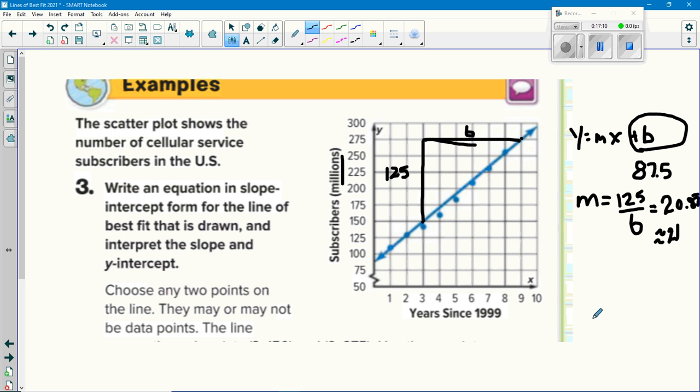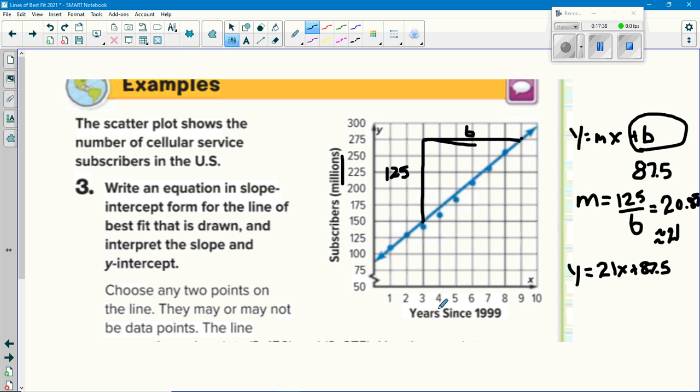Now, write your equation. So y equals, it changes by about 21 million people per year, so 21 times x, plus 87.5, which is million, but we can handle that as we go. We know this is in millions because the subscribers is in millions.